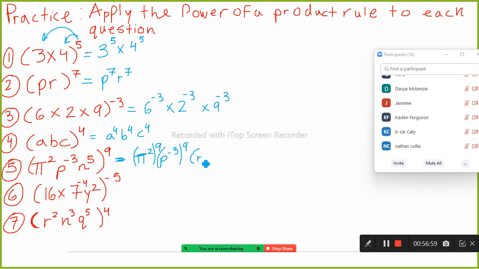So what is 9 times 2? 9 times 2 is 18. And what is -3 times 9?